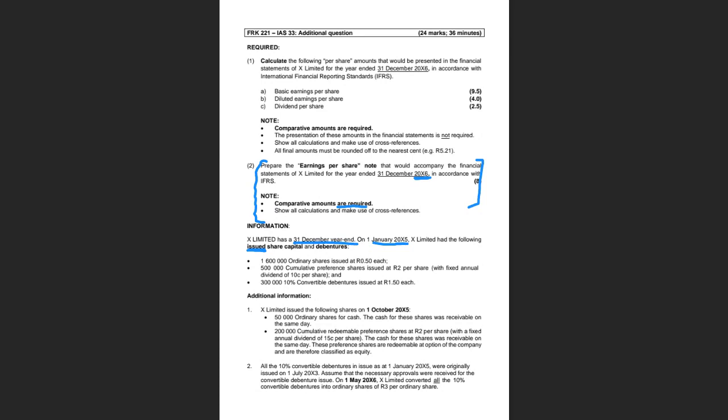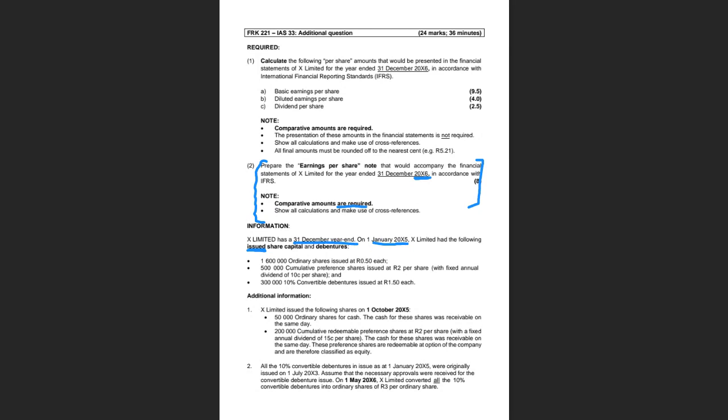The next part says there are 300,000 10% convertible debentures issued at 1 rand. Yes, so the correct answer is 50,000 rand for the cumulative preference dividends.